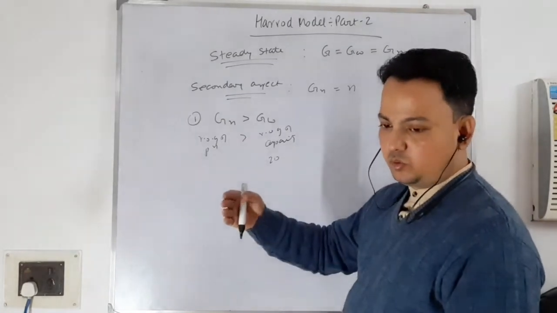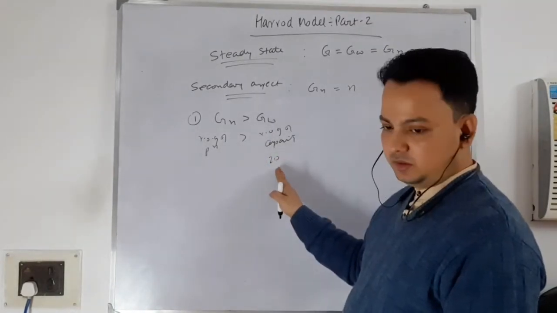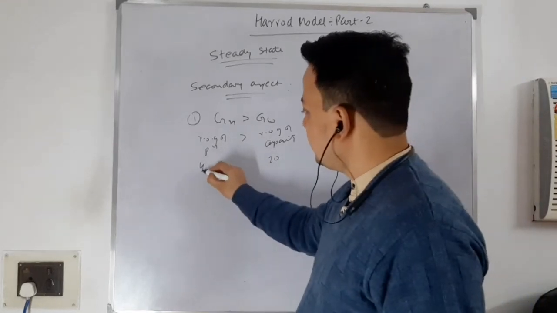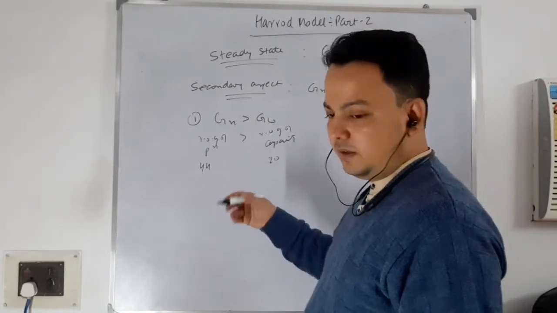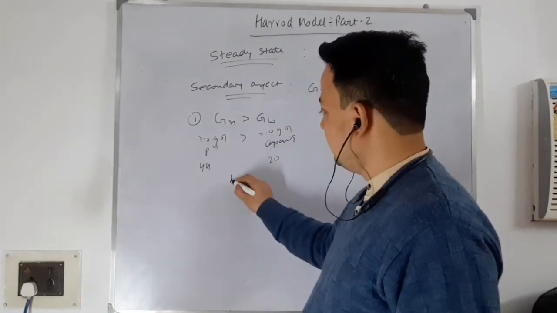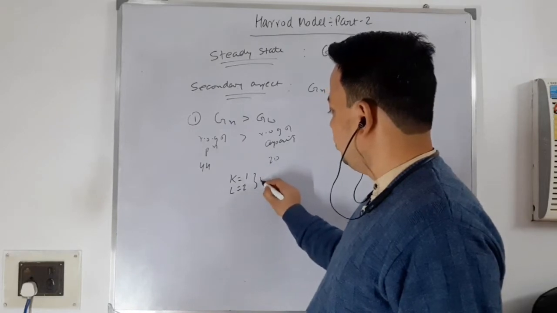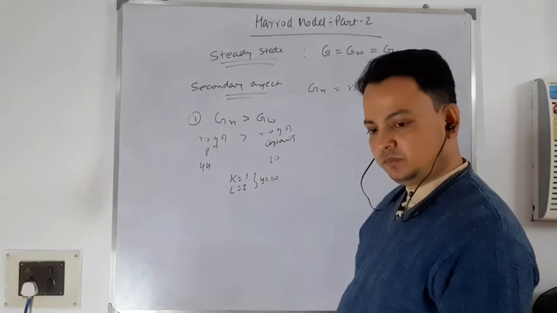Last date capacity is something; today capacity has grown to 20. Rate of growth of population today is 44. And if you remember the example that I have given, we are using 1 unit of capital and 2 units of labor to produce 10 units of output, and this proportion is fixed.